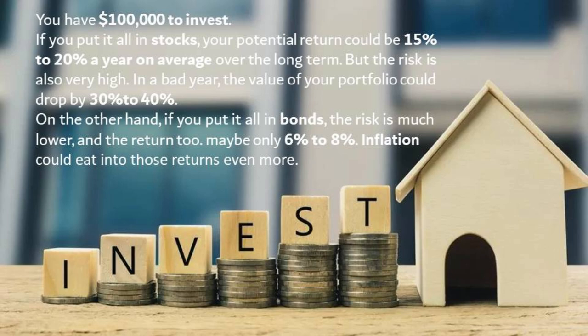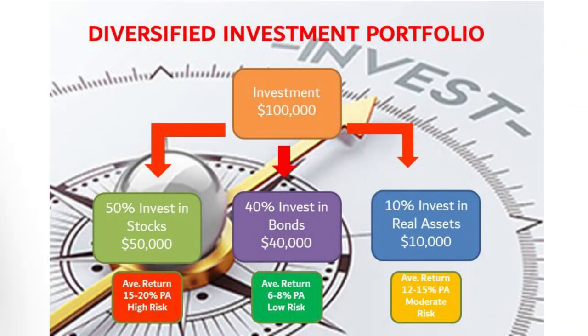So, what does the rational investor do? The answer is balance the portfolio. For example, you could split your $100,000 like this: 50% in stocks spread across large cap, small cap, and international markets; 40% in bonds, a mix of government and corporate bonds; 10% in real assets like real estate investment trusts or even gold.